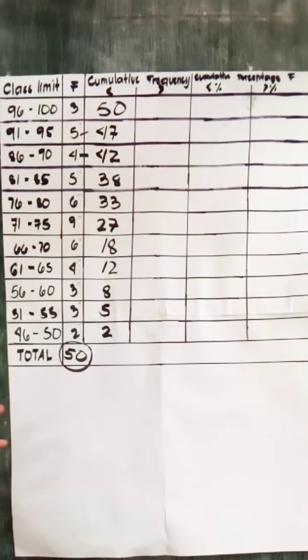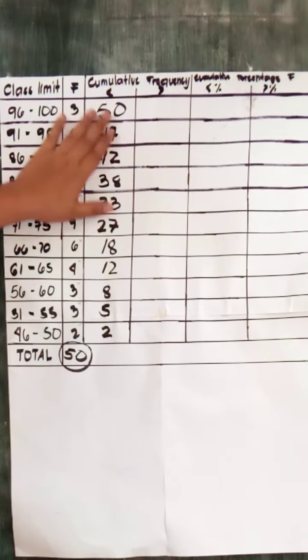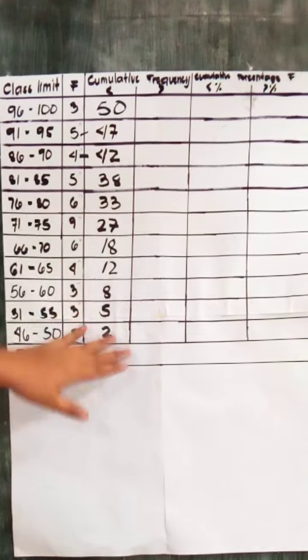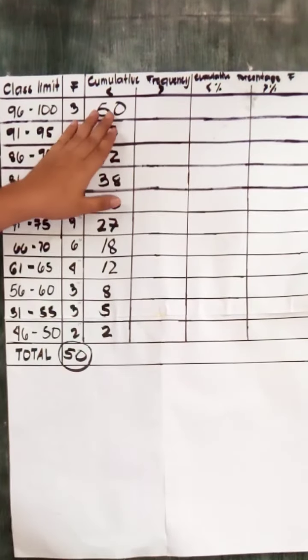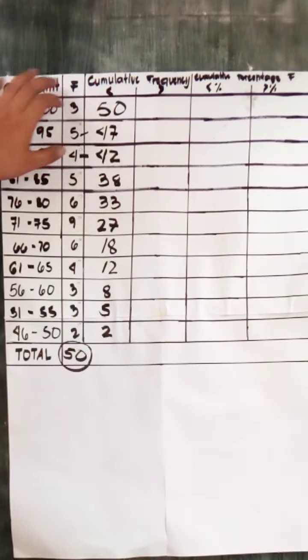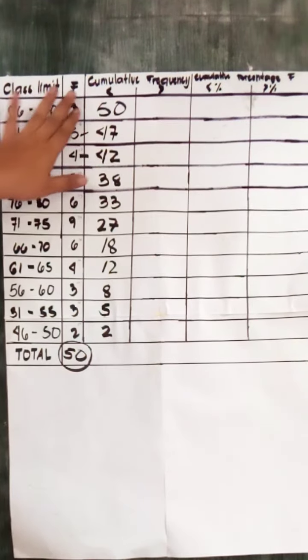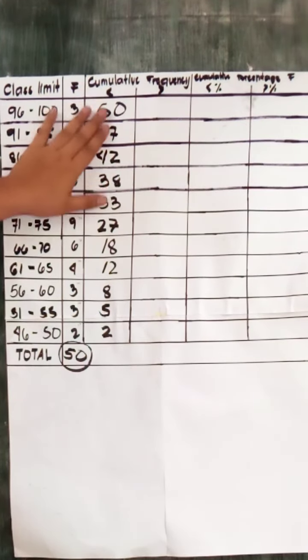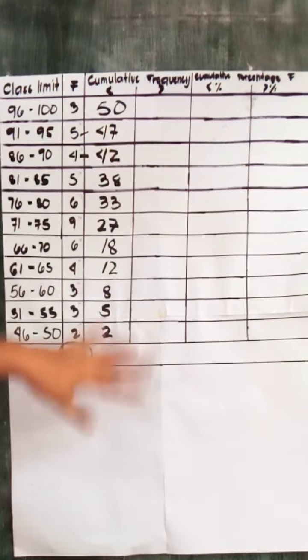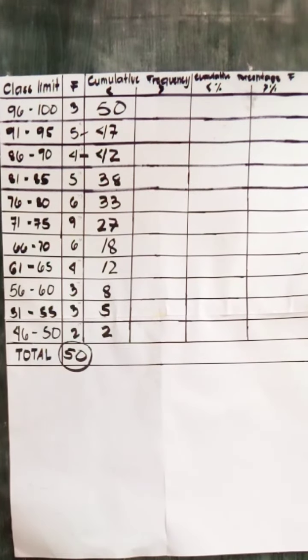So that is how to find cumulative frequency lesser than. We subtract the frequencies from 50 to get all the answers of the cumulative frequency lesser than.